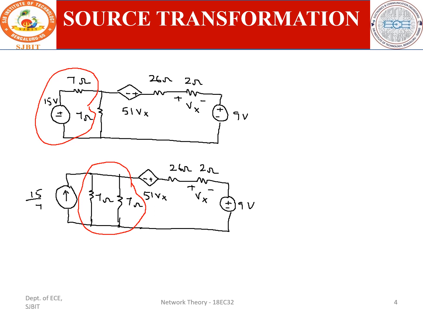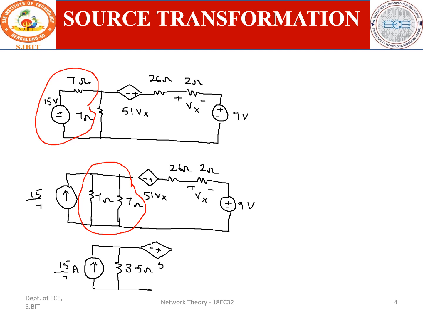So this becomes the current source, 15 by 7 amps, with the parallel resistance of 3.5 ohms, and this is the remaining circuit.